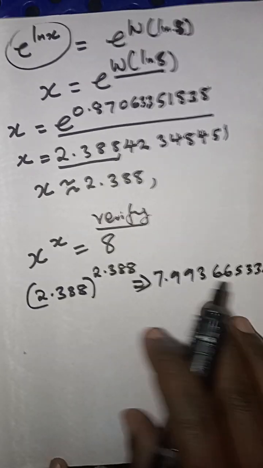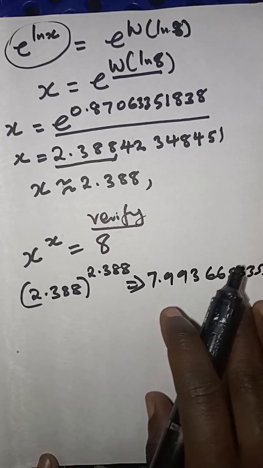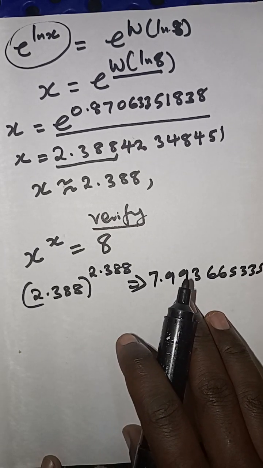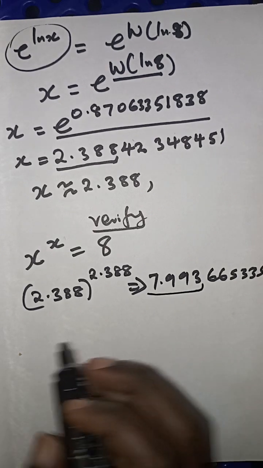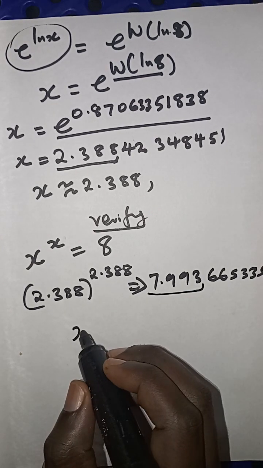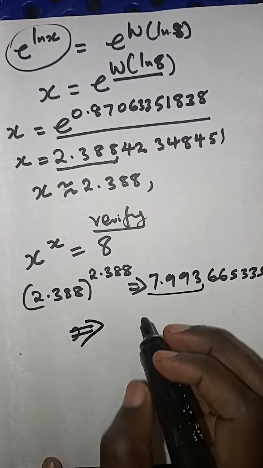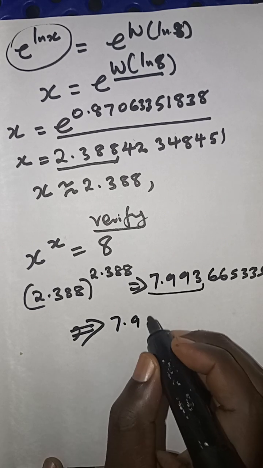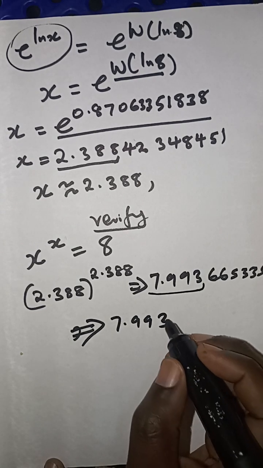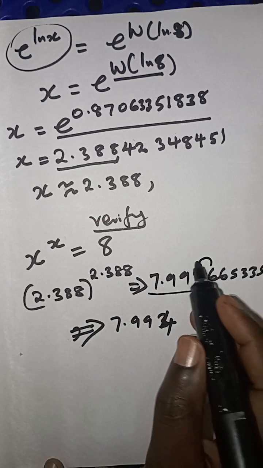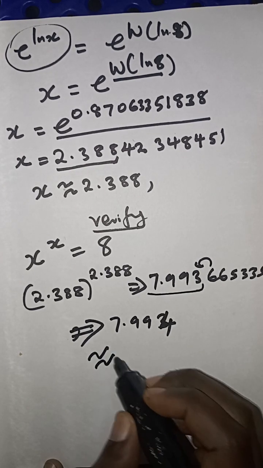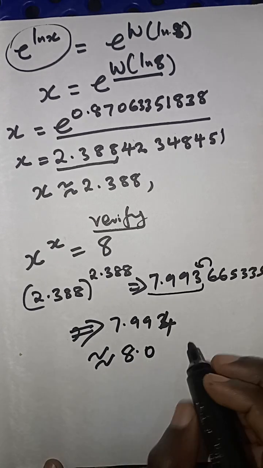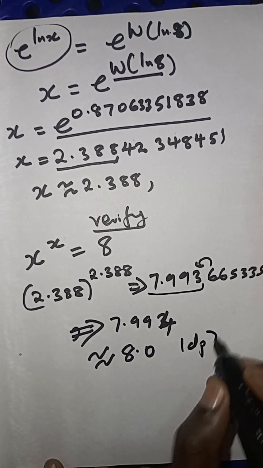Also a number that you don't know the actual pattern of, but you can take from here up to this. The output now becomes 7.993 or 994 up to 4 significant figures, which can be approximated as 8.0 up to 1 decimal place.